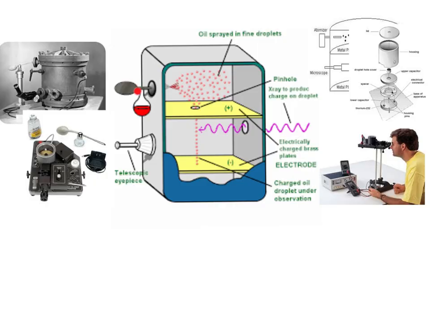So first of all, we're making oil drops, so we have to have an oil sprayer, and we have an oil of known density, and we spray it into the chamber and create this mist. Remember, these are tiny, tiny drops, like droplets of fog, and some of them will fall through the hole.